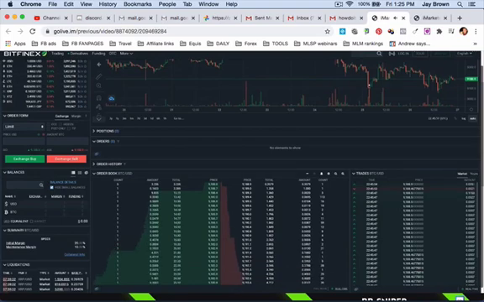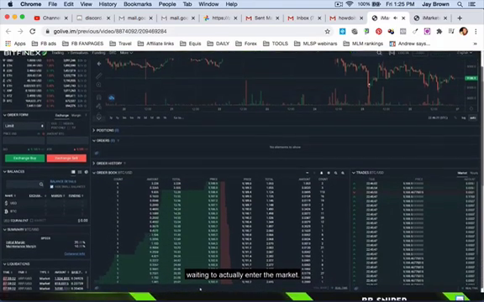When we're looking at an order book, we're going to see pending buy orders, the amount, and at which price levels people are waiting to get into the market. This is money that is sitting there, waiting to actually enter the market.